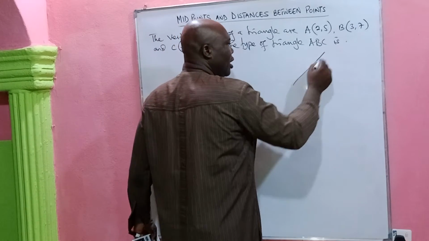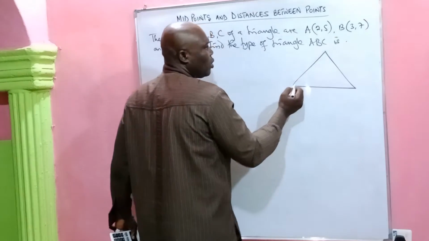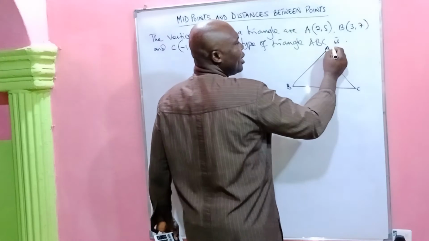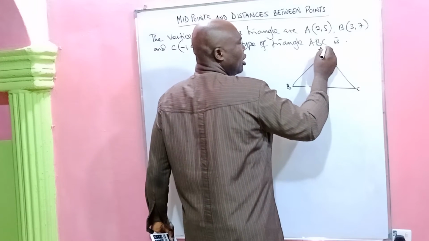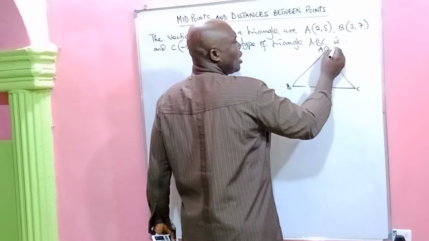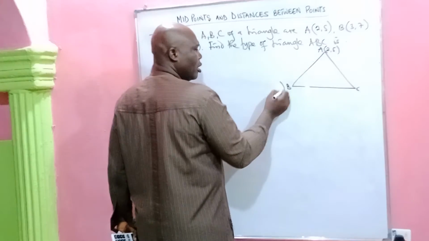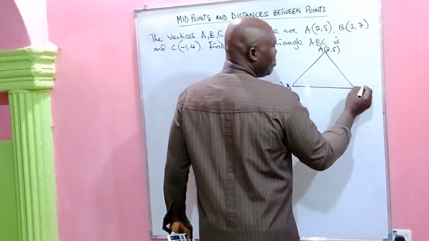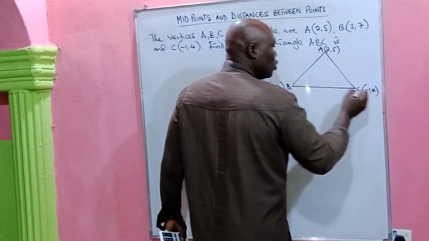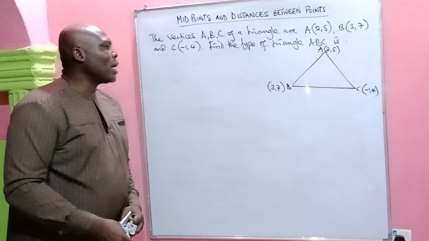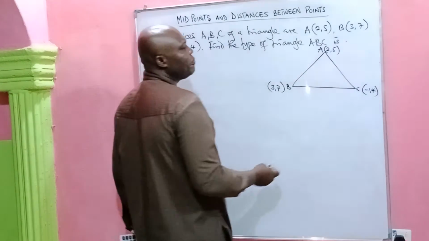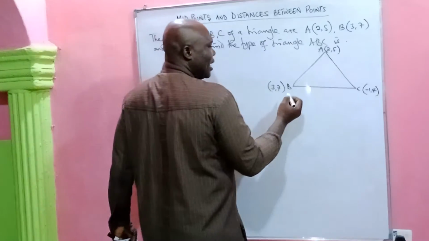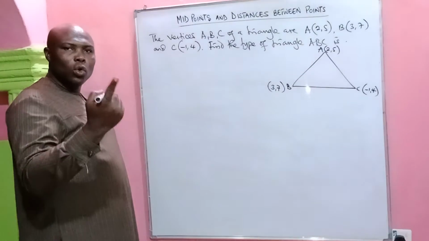Let's say this is a triangle A, B, and C. So A is on the vertex 2 and 5, and then B is on 3, 7, and then C is on -1 and 4. So with this, we'll be able to know what type of triangle this is by simply looking for AB. After that, AC. And after that, BC. With that, we will know the type of triangle it is.